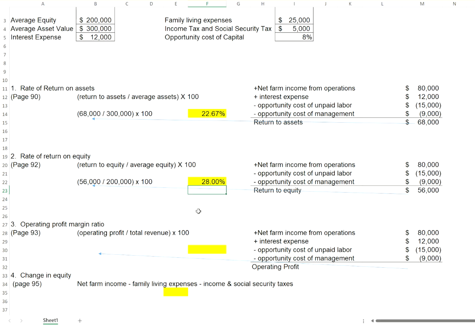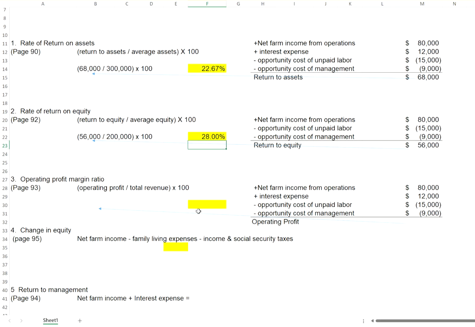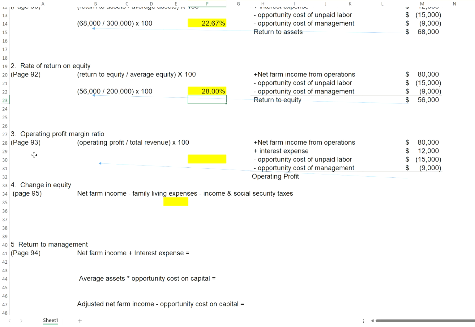The next one we're going to look at is on page 93, operating profit margin ratio. I first of all need to add net farm income plus interest expense and take out the opportunity cost of labor and the opportunity cost of management. When I do my calculation, I come up with operating profit of $68,000.